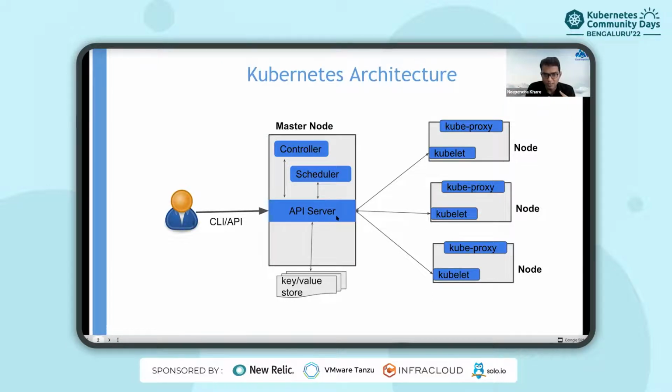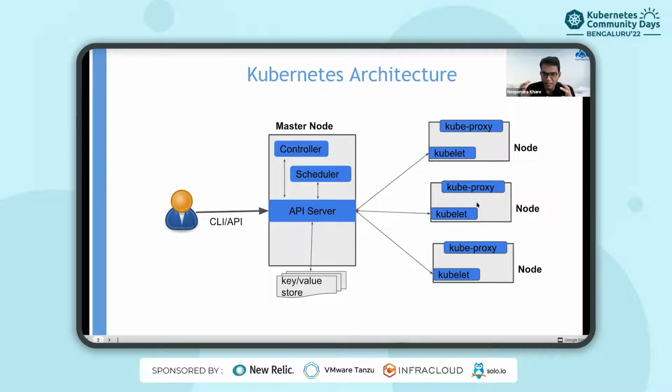The API server would then say, go and deploy this app on a given node. So assuming we said 3 copies of my app, and the scheduler said deploy 1 copy on, let's say, node 1 and 2 copies on node 2, the API server would communicate with the kubelet of the individual nodes and say deploy 1 copy here and 2 copies of the app here.